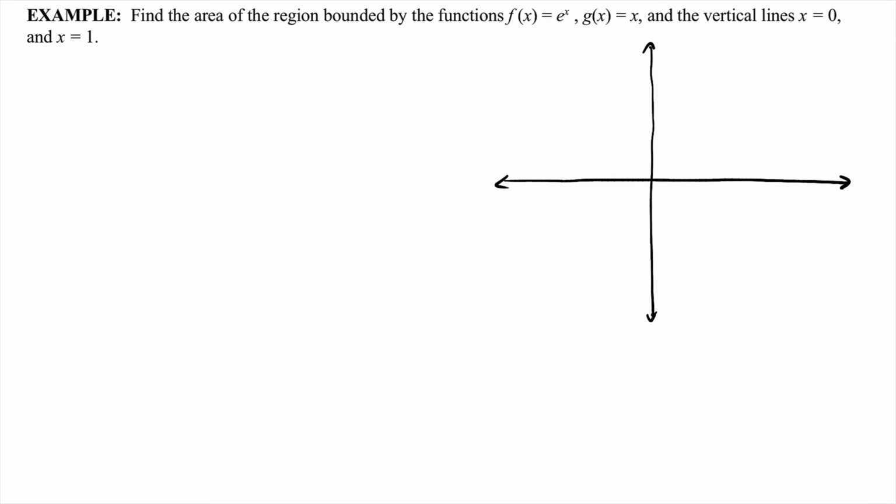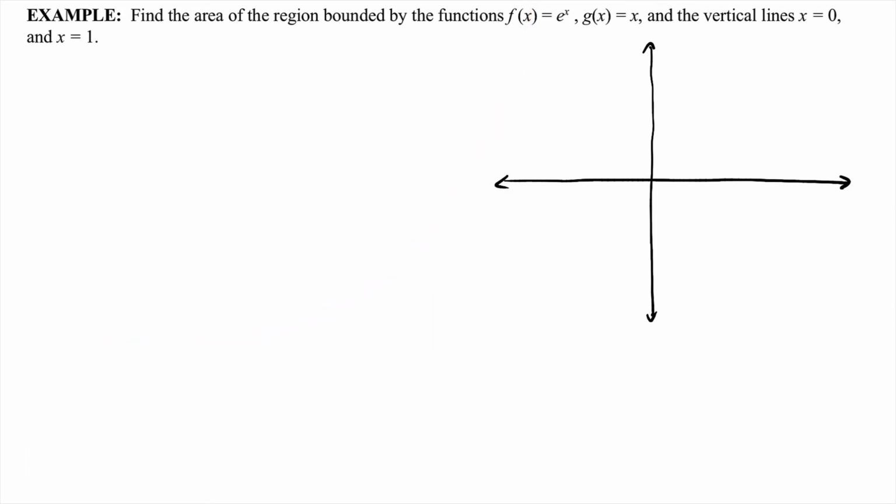Okay, so e to the x is an exponential. How do exponential graphs look? They start out slow, and then they pick up very, very fast. They grow the fastest out of all functions.